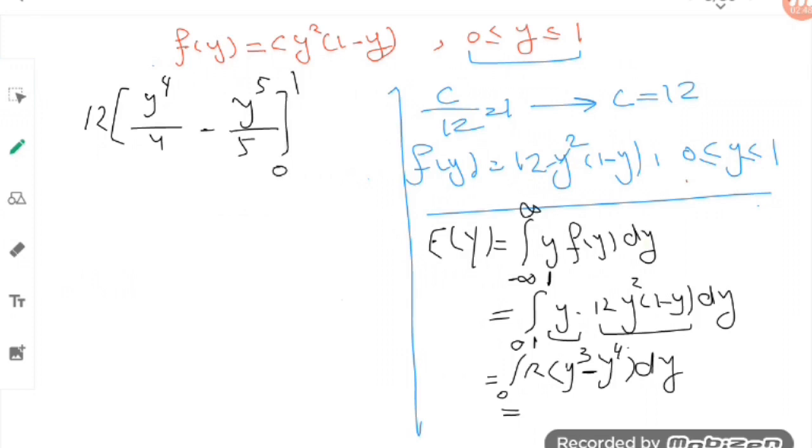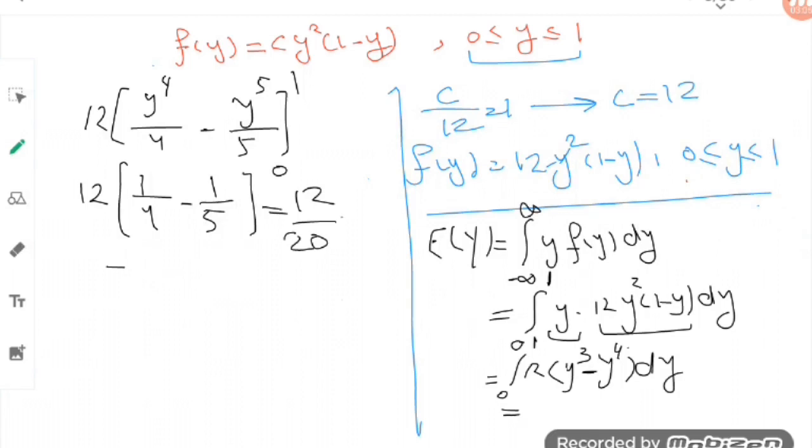This will give us 1/4 minus 1/5, and when we substitute with 0 for both terms, it gives us 0. So here we'll have 12 divided by 20. If we simplify this fraction, dividing both denominator and numerator by 4, this will give us 3/5. This will be the expectation.